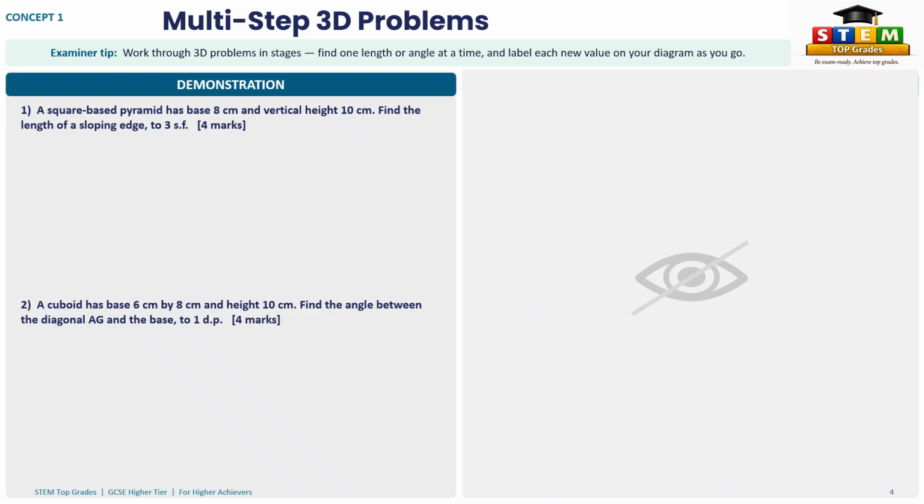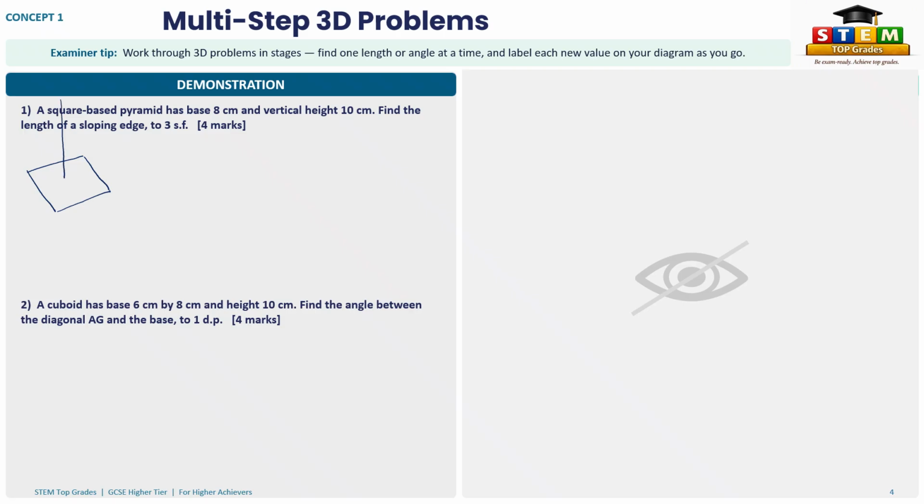So a square-based pyramid has base 8 centimeters, and vertical height is 10 centimeters. To make it clear what I really want to do, I'm actually going to draw the diagram for the 3D shape. Because it's 3D and I'm trying to represent a square, it will look a bit like a parallelogram.